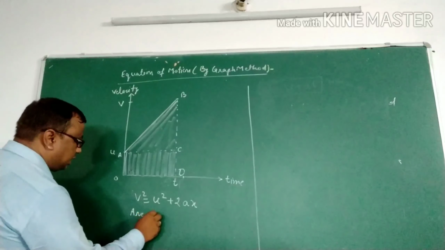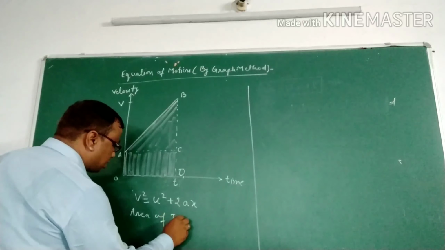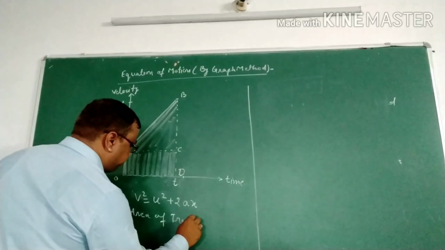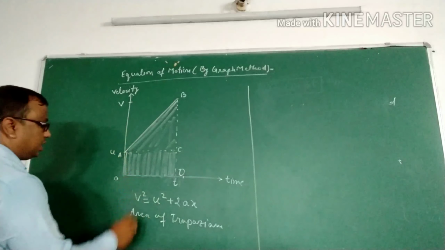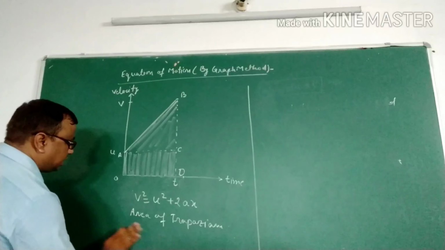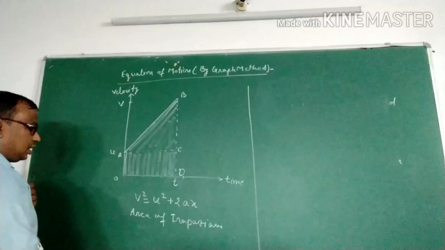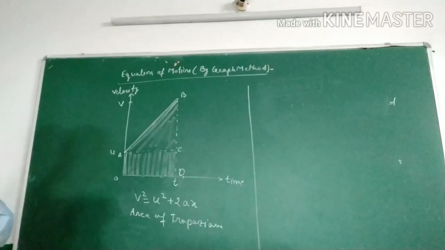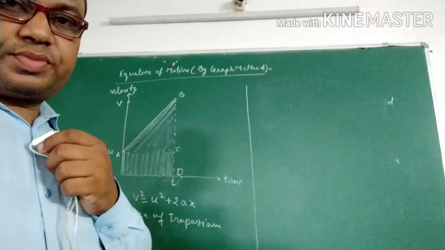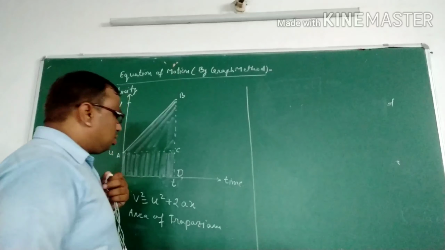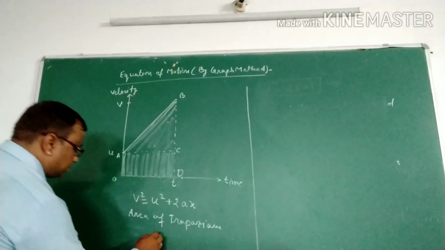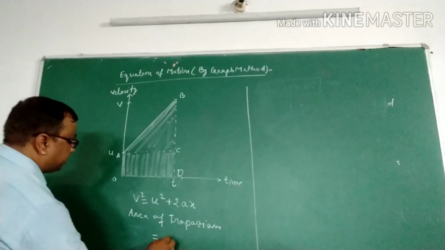Clear? Area of trapezium. So what is the area of a trapezium?